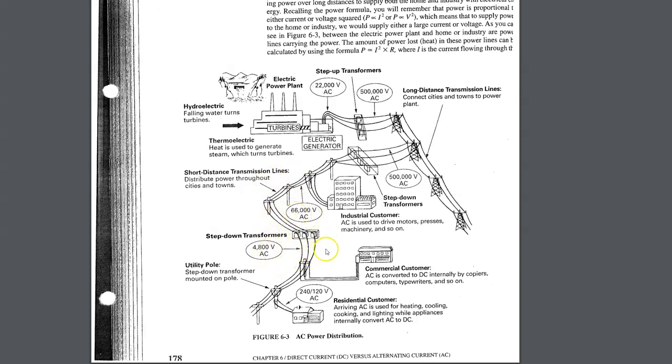You probably see some of these step-down stations in your community. Now we get to the level that you're used to. These are the normal telephone poles or utility poles where the voltage is stepped down from 4,800 volts to the voltage I discussed in class yesterday, 240 volts, two phase, and we can split the phases so I can get 120 volts and 240 volts to a residential customer.